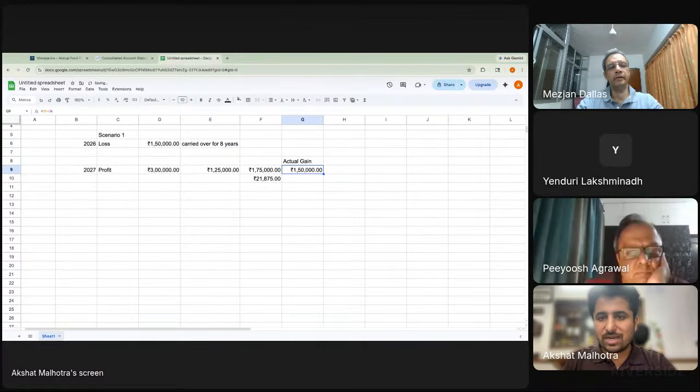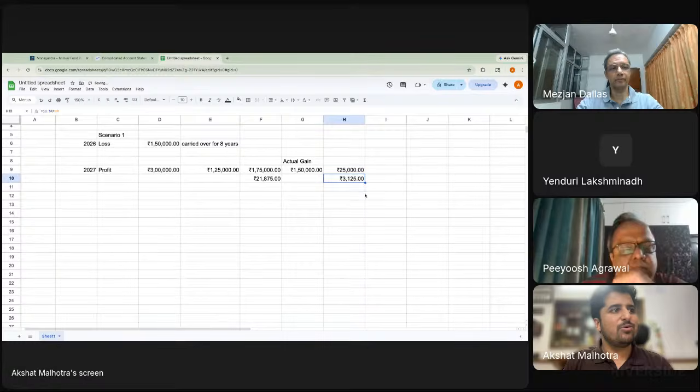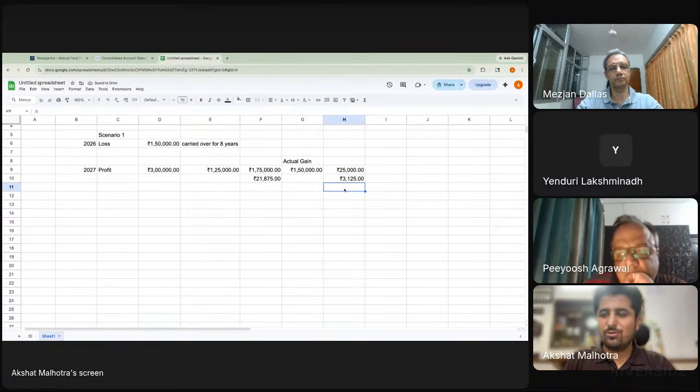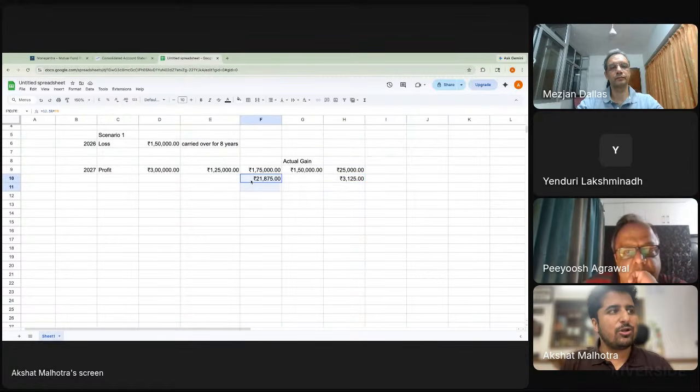Out of this, as you all know, 1,25,000 is tax free. So my gain becomes 1,50,000 minus 1,25,000, which is 25,000 rupees. And 12.5% on 25,000 rupees is 3,125 rupees. So I only paid taxes of about 3,000 rupees, not 21,000 rupees.